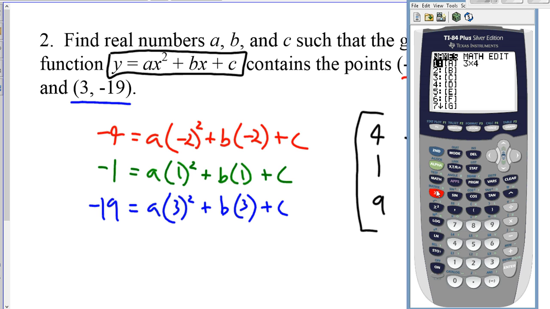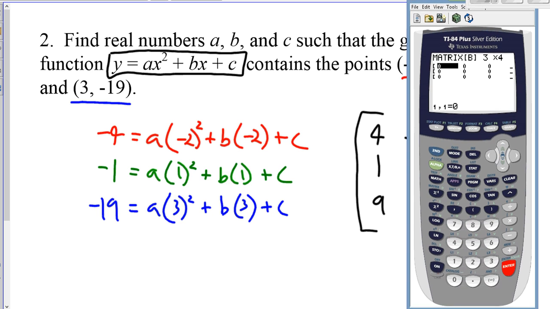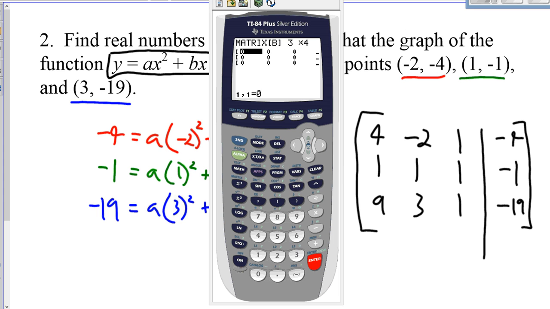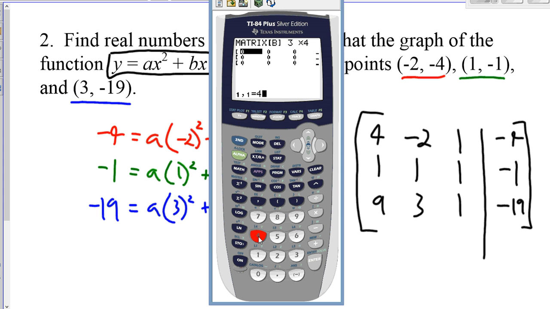This time I'm going to leave that one in the first one, go to 2, and start this. So I do a 3 by 4, and my matrix is 4, -2, 1, and -4.